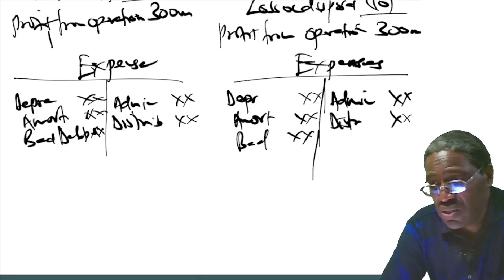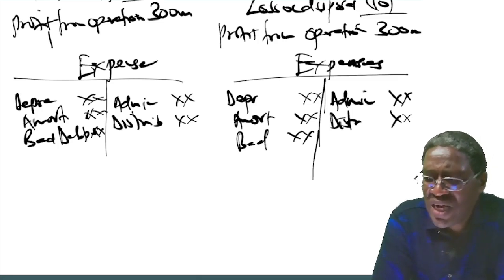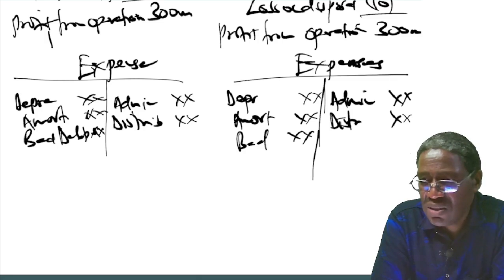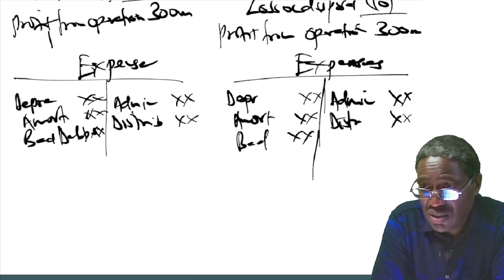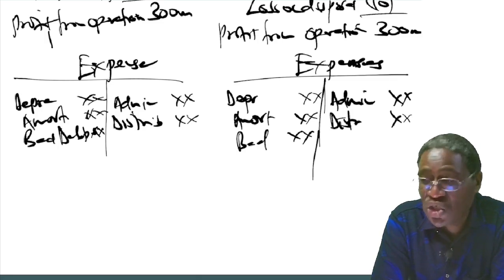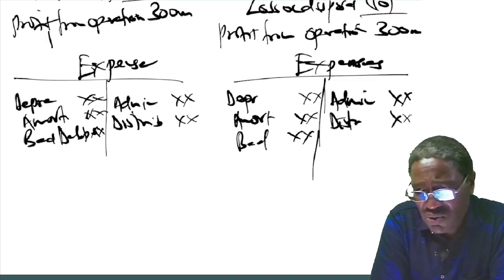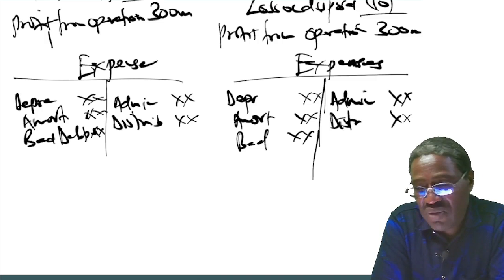Question to you is this. When I'm determining the cash paid for services rendered, which of these two expenses account will I show the 10 million?